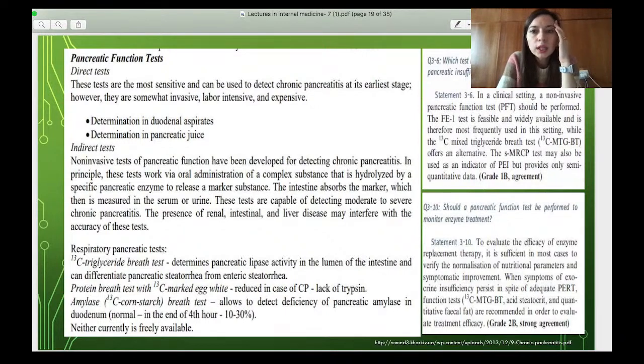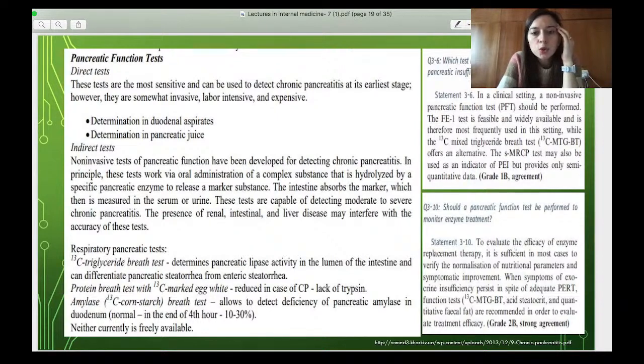And non-invasive tests of pancreatic function have been developed for detecting chronic pancreatitis. These tests work via oral administration of a complex substance that is hydrolyzed by a specific pancreatic enzyme to release a marker substance.